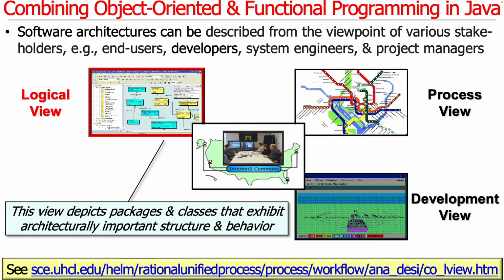One of the key views from an object-oriented perspective is the so-called logical view. This view depicts packages and classes and objects and so on that exhibit architecturally important structure and behavior. And the object-oriented features in Java, things like abstraction, inheritance, and dynamic binding, are very important at being able to express the structure and behavior in a way that can be understood, maintained, modified, and reused over time.